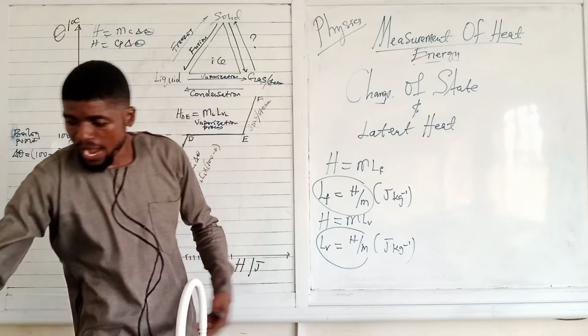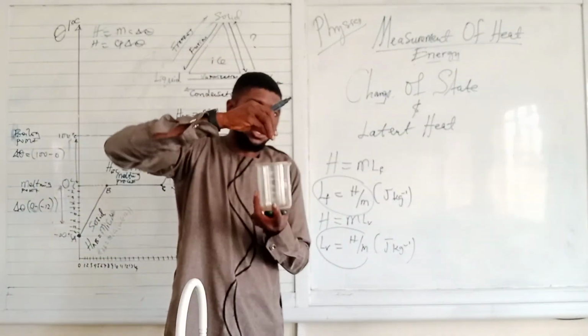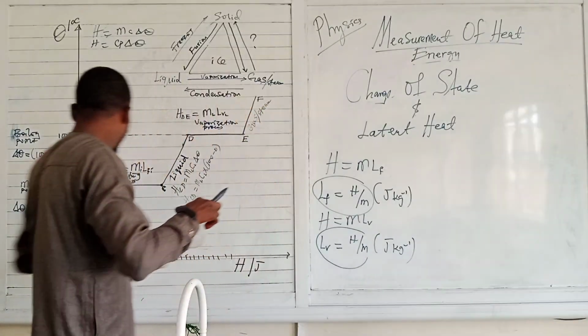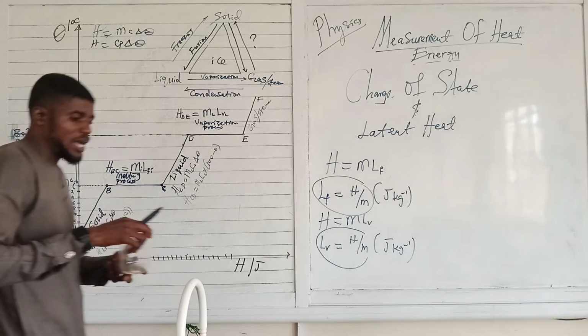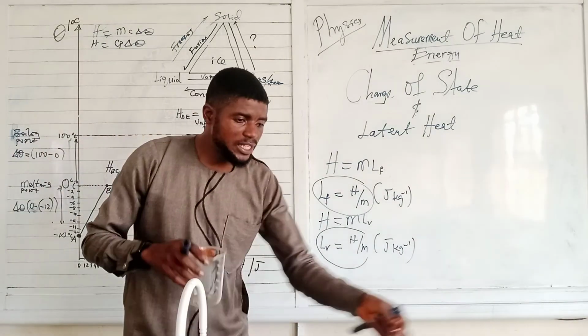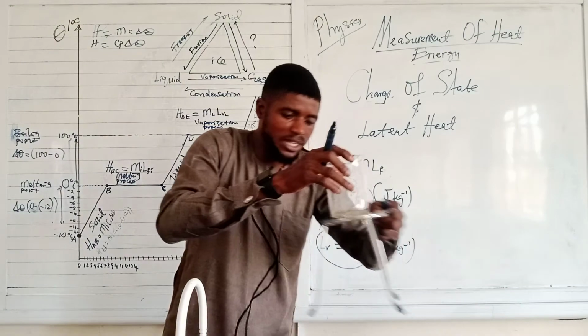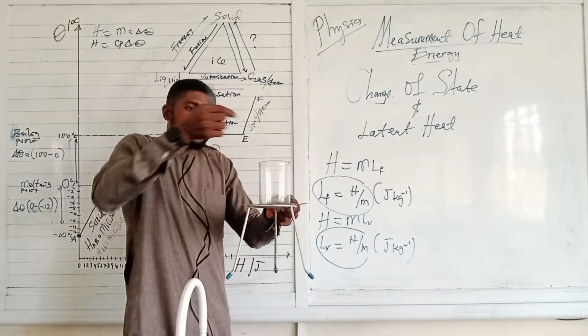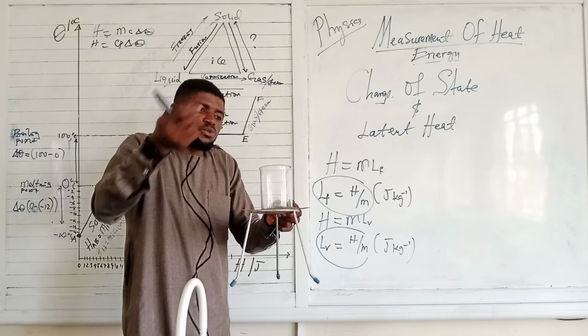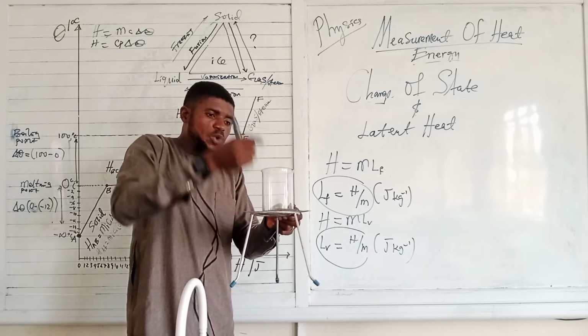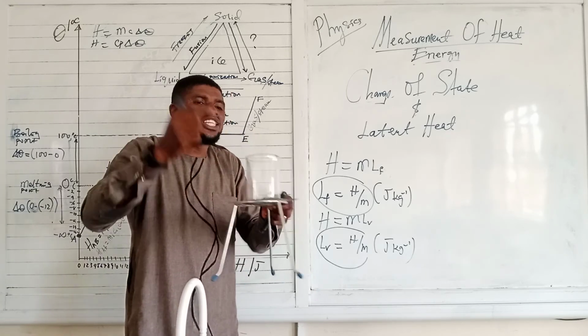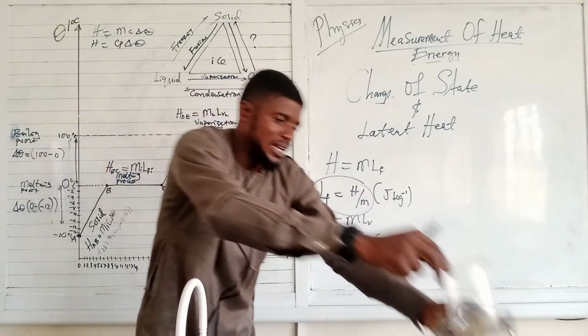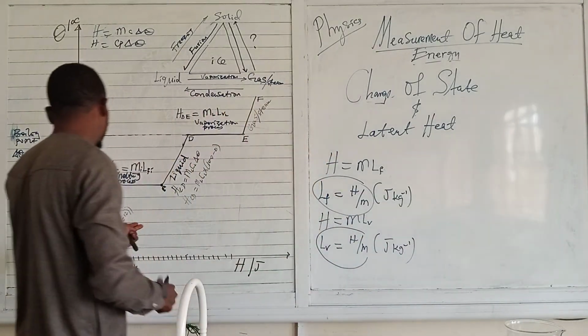You place ice inside a container at minus something degrees, and they are asking you to calculate the quantity of heat energy that will be required to heat it, melt the ice, change it from solid to liquid, from liquid to gaseous state, and evaporate it completely. As simple as you can see on the board.